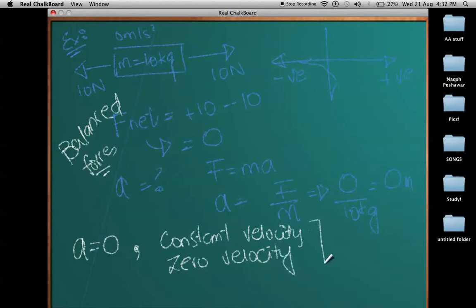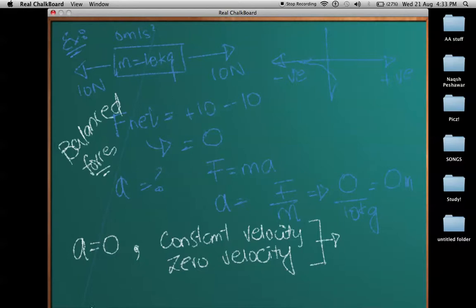We are not sure which one is the case here, but one of the two would be applicable. Either the box is moving at a constant velocity and not accelerating at all, which means the acceleration is 0, or the box is at rest. In that situation, there is a 0 velocity.